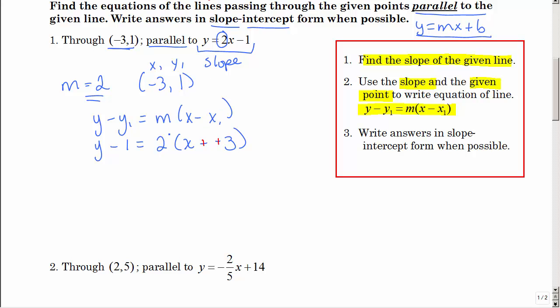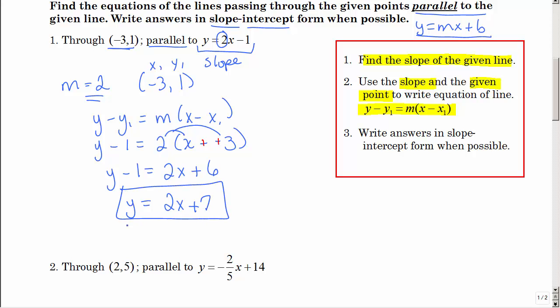We don't have any fractions, so we can just distribute because we want to isolate our y, or get y by itself, and we're going to add 1 to both sides. So that line is parallel to this line. Those are parallel because they have the same slope. Their slopes are equal.